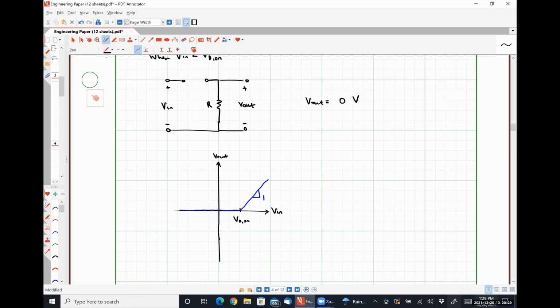And so I'm going to draw the input and the output voltages on the same graph. Sorry, this is T. This is V of T. So for an input voltage that looks like this, our output voltage is going to look something like this.